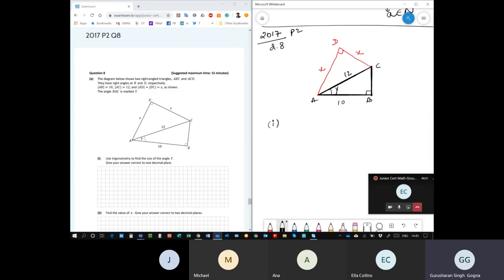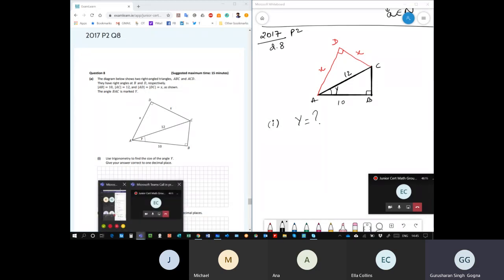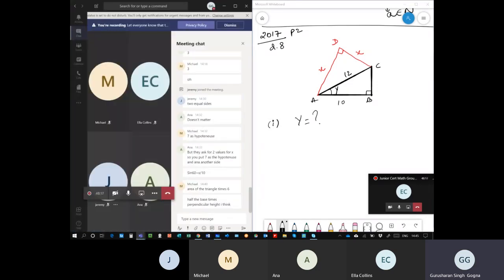First part, use trigonometry to find the size of angle y. So how will you find out angle y? Can someone answer? Anna said cos y is 10 over 12.